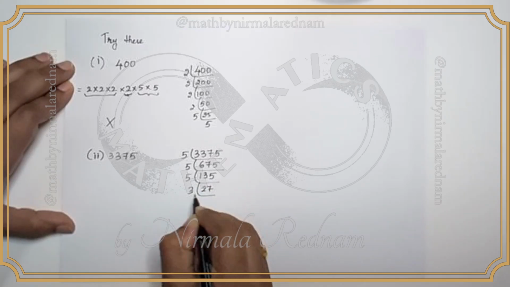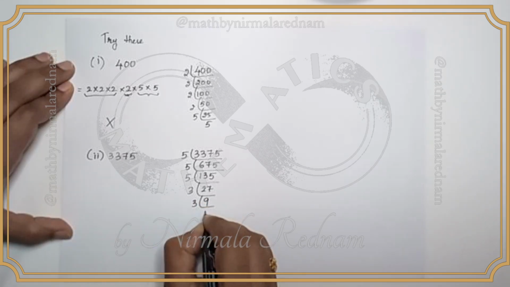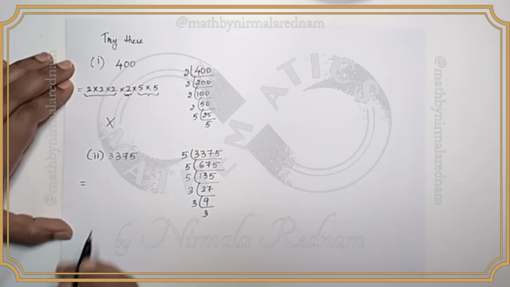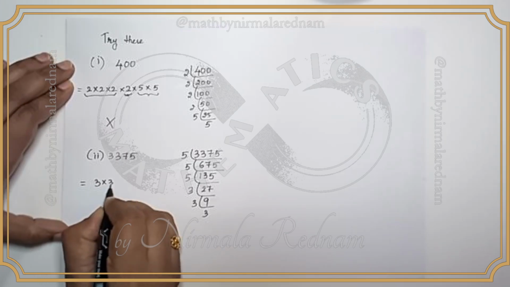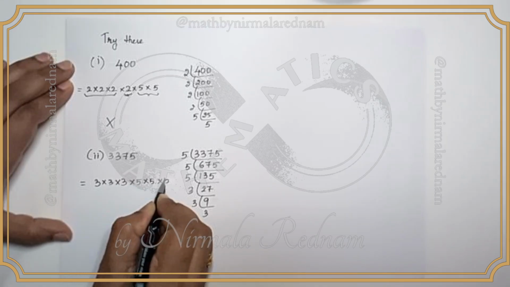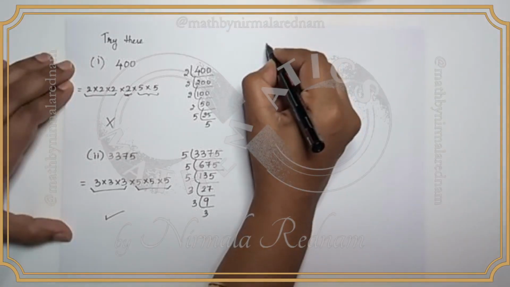This time I'll take 3. So you can see that the given number is nothing but 3 into 3 into 3 into 5 into 5 into 5. So clearly you can see that you can group them into groups of 3. Therefore, it is a perfect cube, right?